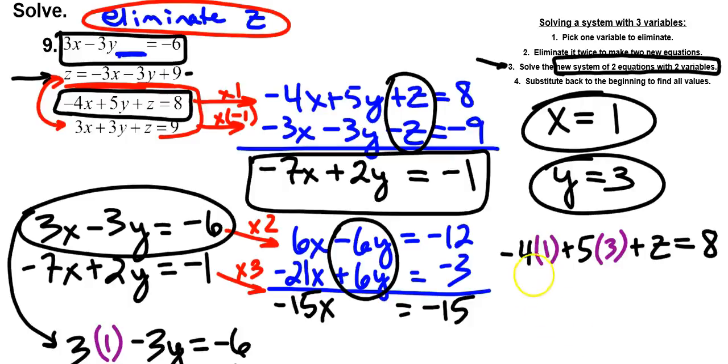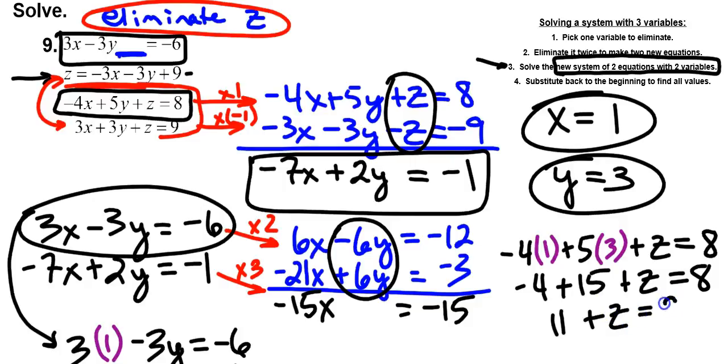And finishing out, that would be negative 4 plus 15 plus z equals 8. In other words, negative 4 and plus 15 are going to make 11. 11 plus z is equal to 8. You subtract over and you will find that z, and I'm running out of space, z is equal to negative 3.